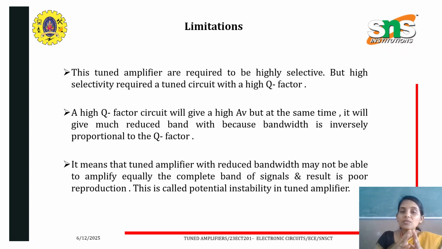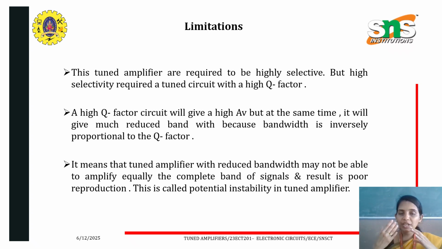Now the disadvantages of using a tuned amplifier. We know that tuned amplifiers have good selectivity, so a high Q factor will be required for the tuned circuit. But this high Q factor will give high voltage gain, while at the same time the bandwidth is reduced because it is inversely proportional to the quality factor.